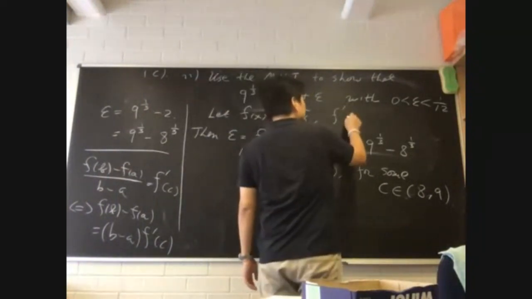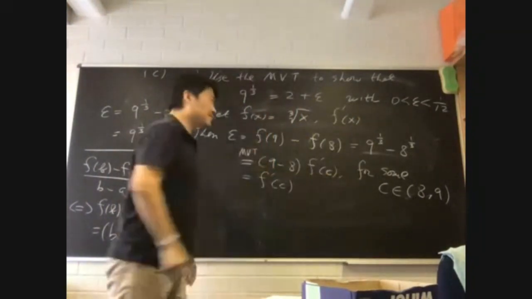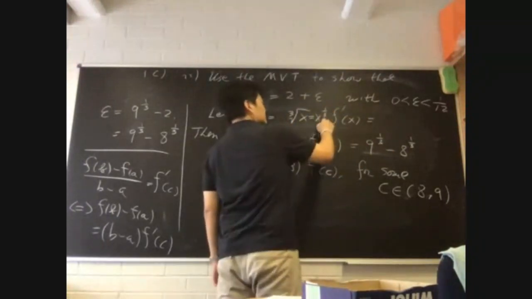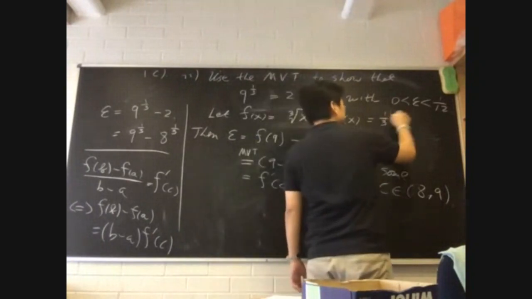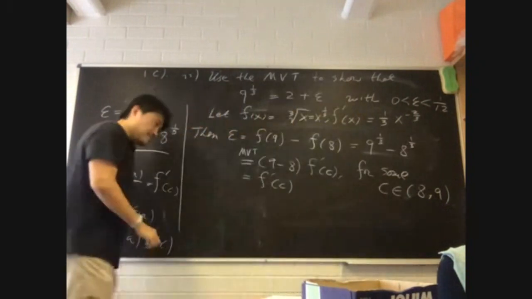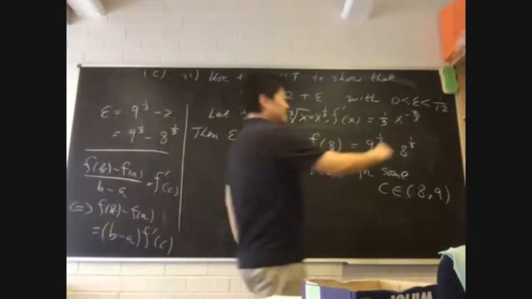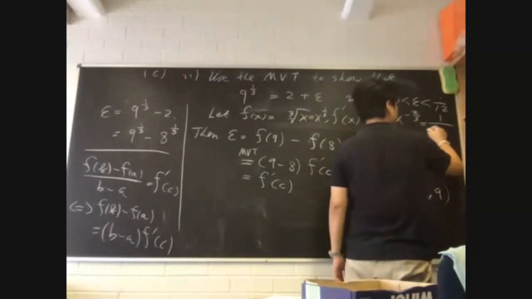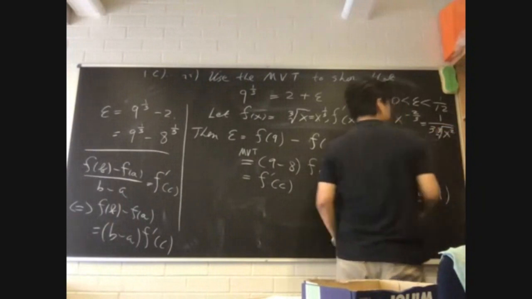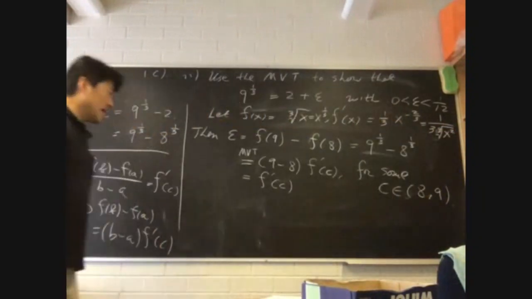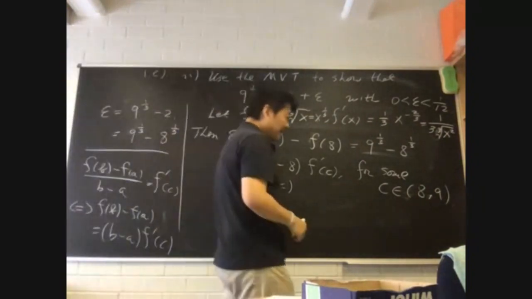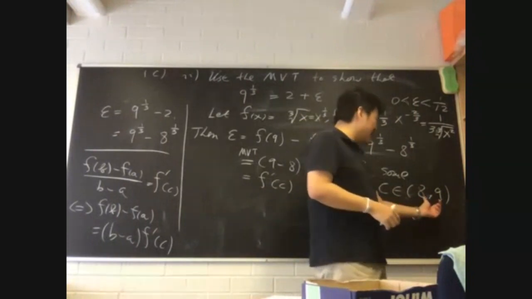So f prime of x. If f is this, then f prime of x is, well, this is x to the 1/3, right? So that's 1/3 times x to the negative 2/3. Or if you want, you can put it as 1/3 over the cube root of x squared. All right, so that's what f prime is, and c is between 8 and 9.